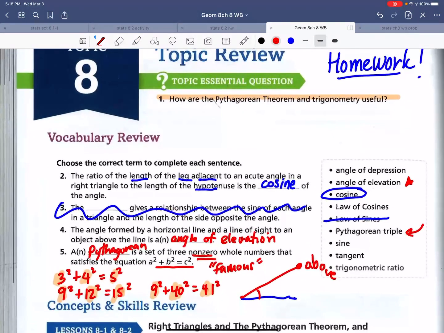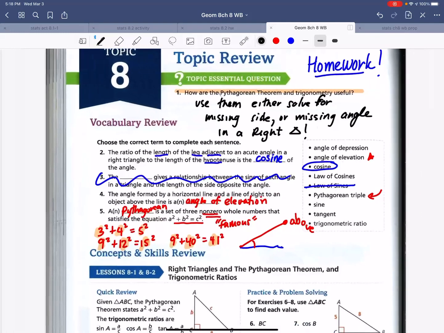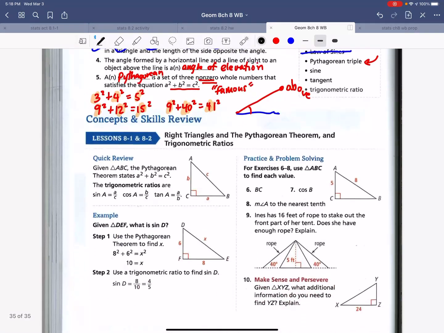So going back to our notes, it says we use them to either solve for the missing side or the missing angle in a right triangle. Nice. Okay, so let's look at a couple practice questions.